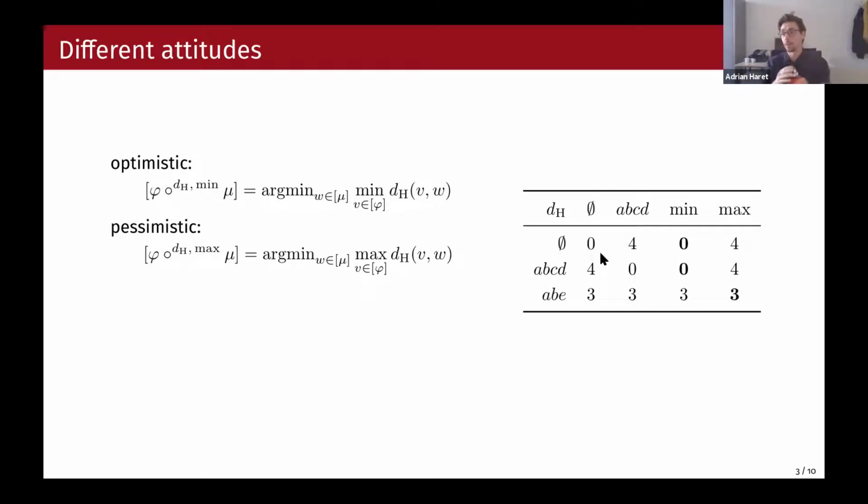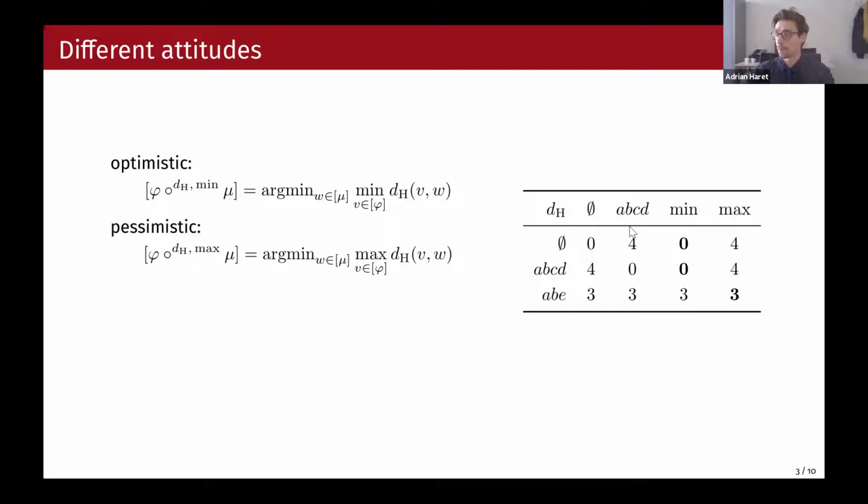Alternatively, you could have a more pessimistic point of view, where you say, well, if the state of the world is empty set, and it turns out to be the case that ABCD is true, then I will be very surprised. Then it turns out I was way off in my prediction.